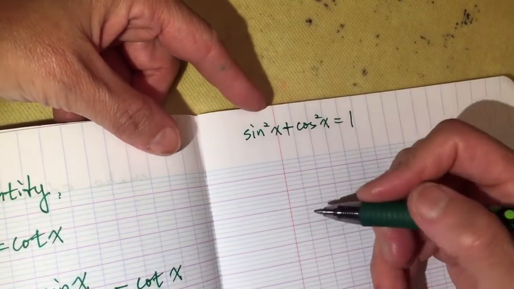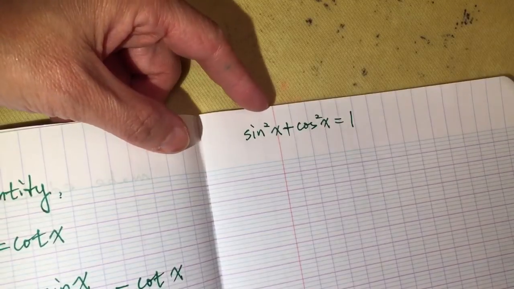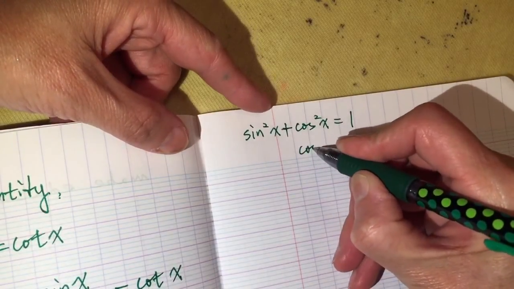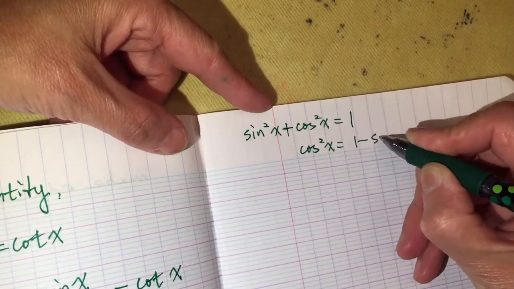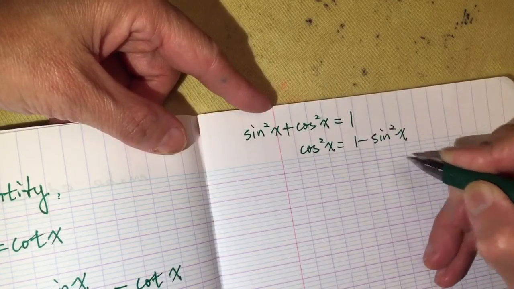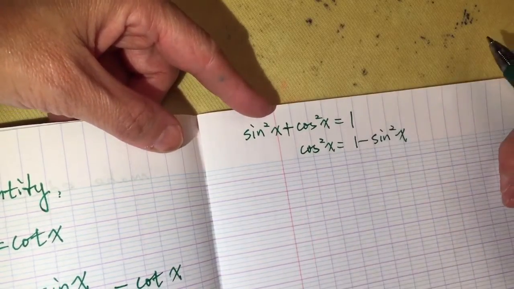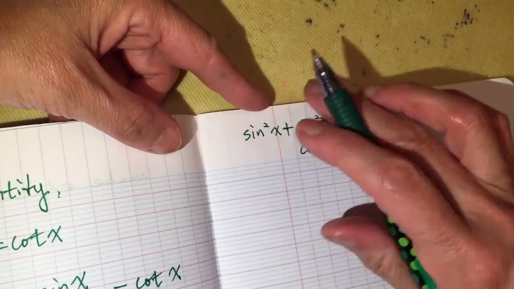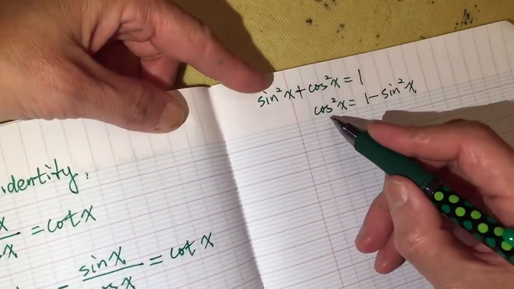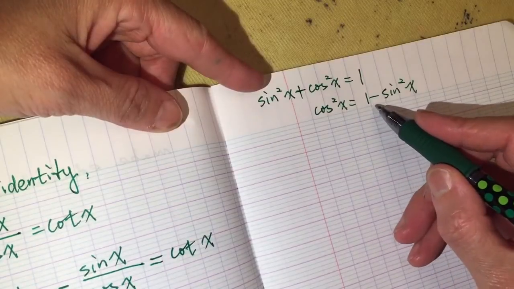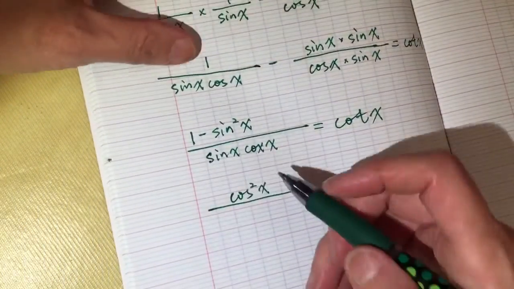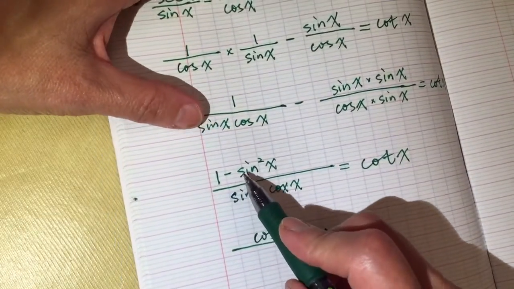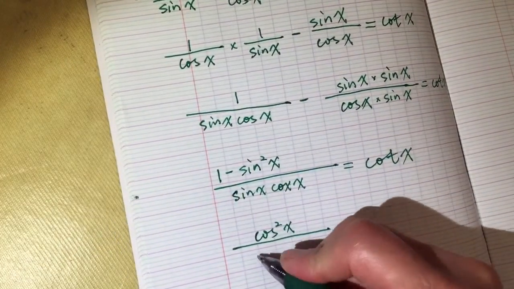So cosine square x equals 1 minus sine square x. We didn't do anything, we just switch the place of it. So 1 minus sine square x equals cosine square x.